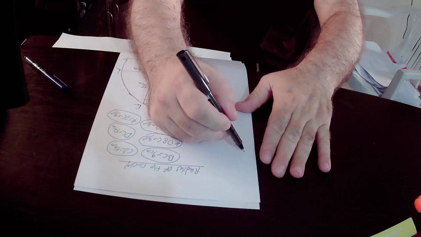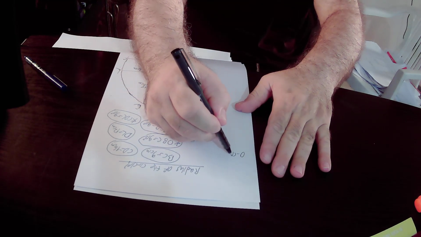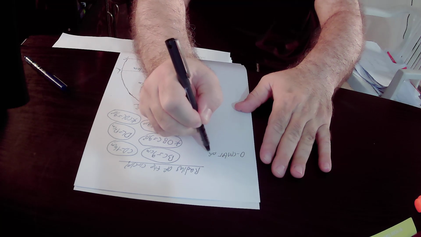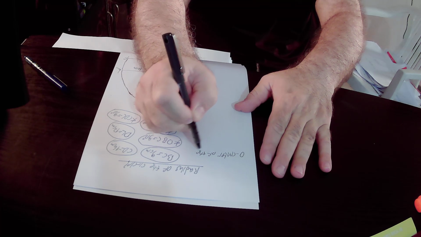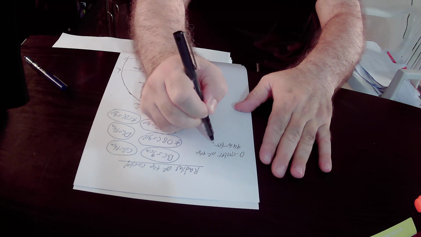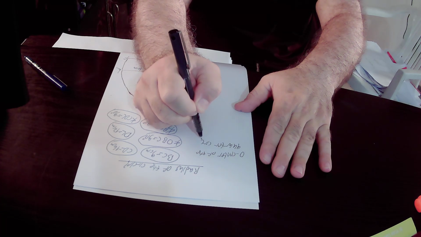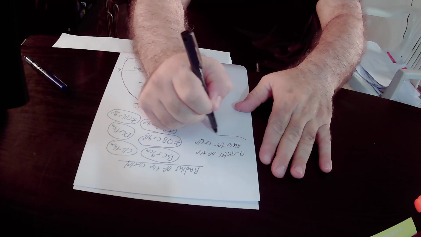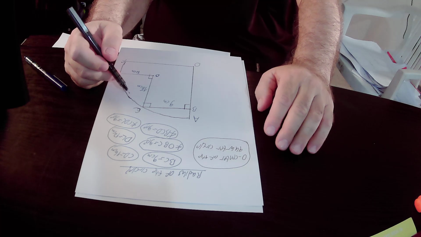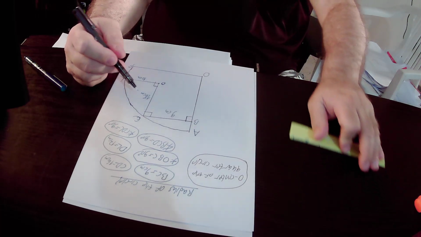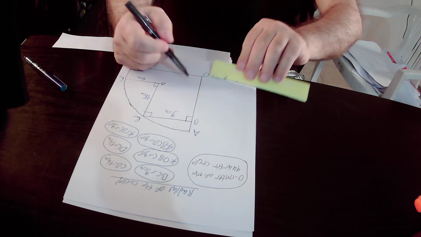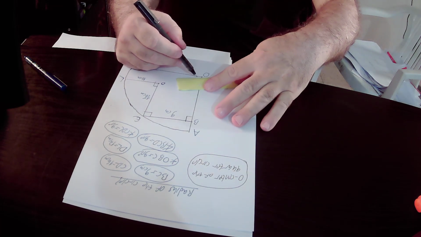Point O is the center of the quarter circle, and angle BOF is equal to 90 degrees.